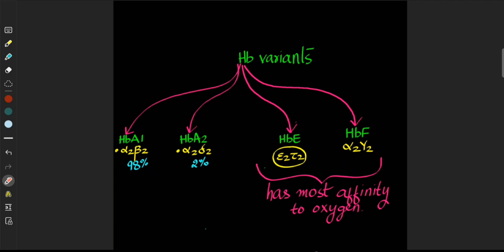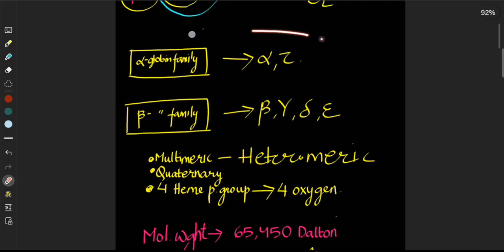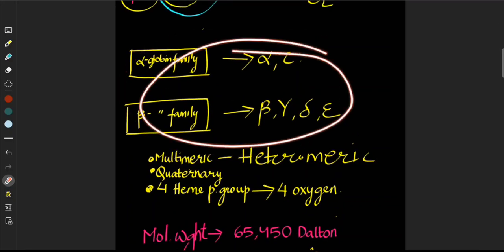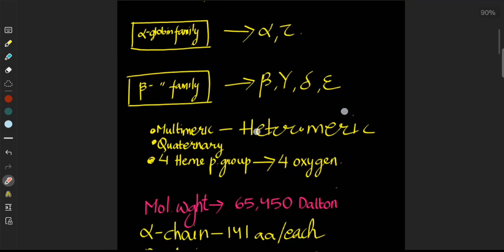Now I hope you're understanding what this alpha delta is. I already discussed that there is a globin family over here, right? All these are present in a human being, but at different stages of their life. So we're going to learn about it.